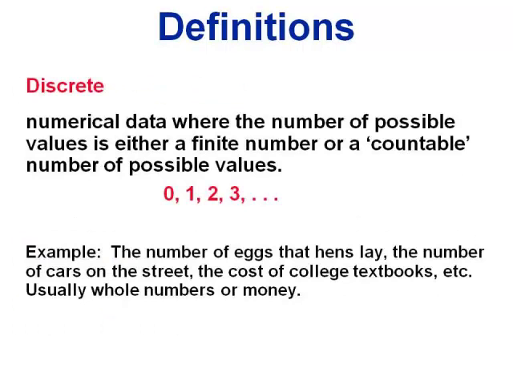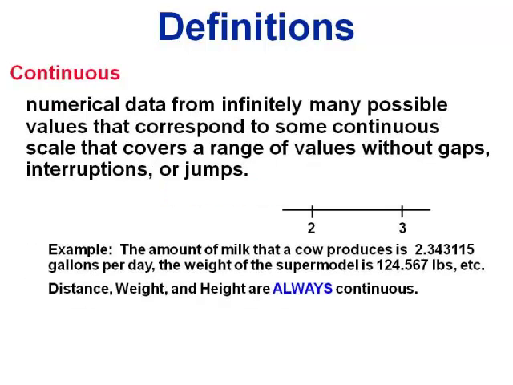So when you're talking about quantitative data, there are two types of quantitative data. One is discrete. Discrete data are values that are countable, which means they're usually whole numbers. So I've got some examples there on the screen. But then there are continuous values.